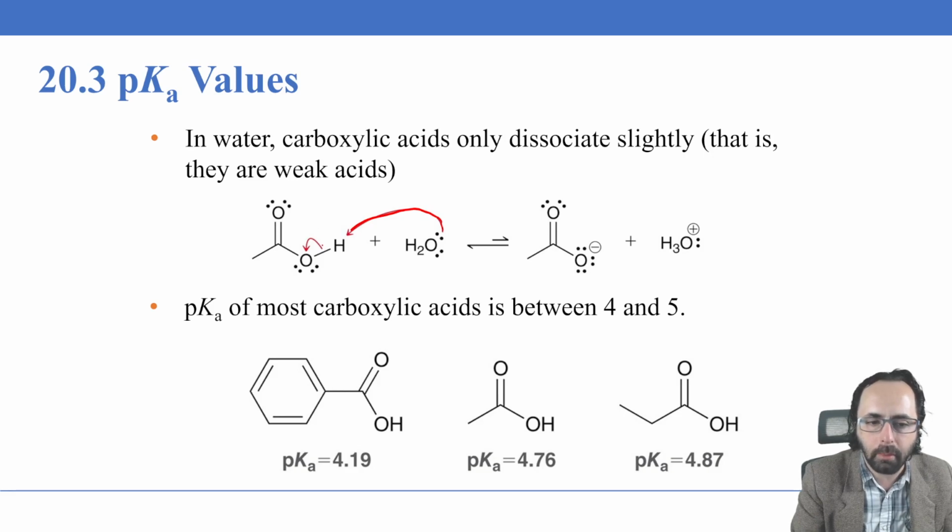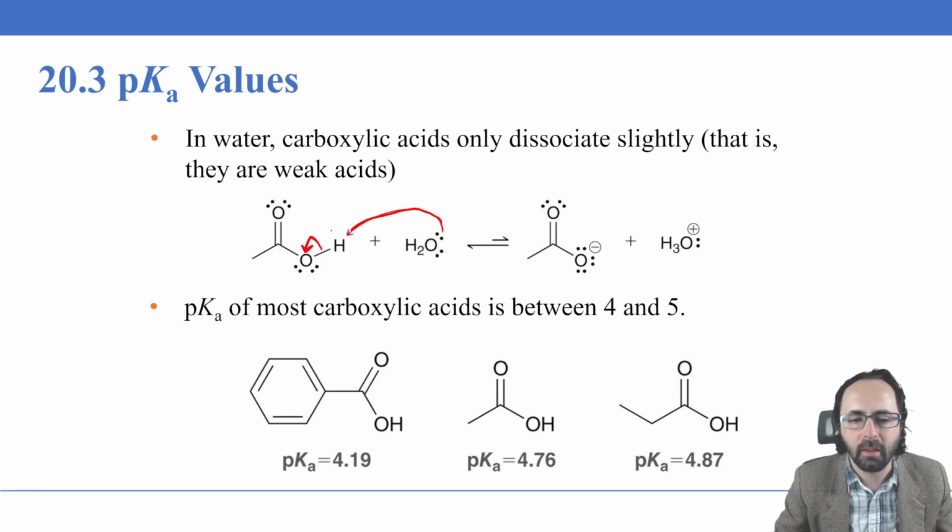The water is grabbing the proton from the carboxylic acid, and the lone pair is being left behind, leaving this oxygen with three lone pairs and one bond, giving it a negative formal charge. The oxygen here has three bonds and one lone pair, giving it a positive formal charge. It's a hydronium ion. And the pKa of most carboxylic acids is going to be somewhere between 4 and 5.